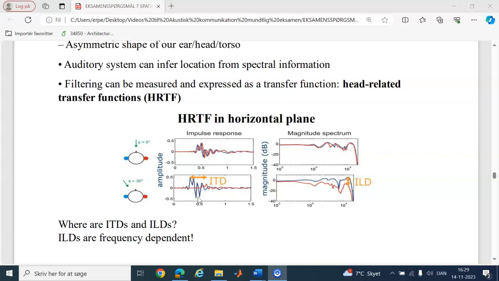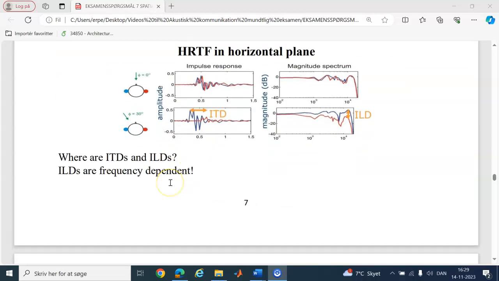Then there is an ITD difference and also an ILD difference. When azimuth is 0, there is no magnitude difference, but with 30 degrees, for instance, there is an ILD difference.